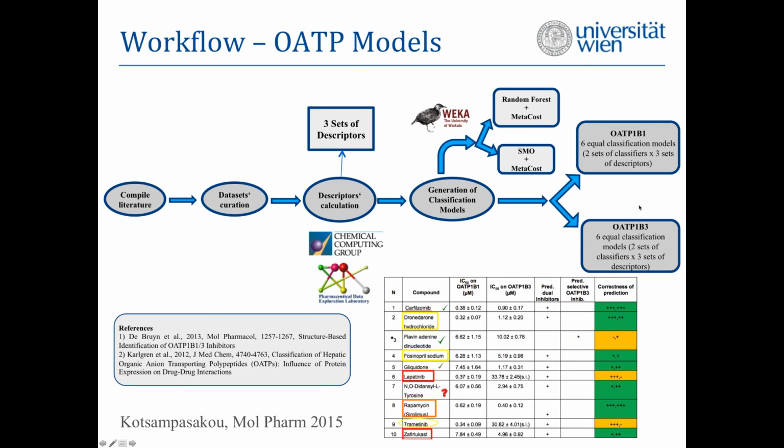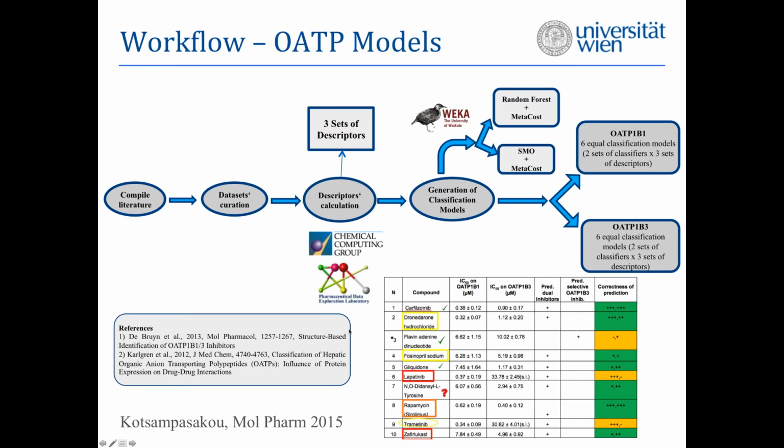How did we validate our models? We just screened DrugBank, identified compounds which are flagged as OATP1B1 and OATP1B3 inhibitors, but there was no indication in the literature for them, ordered them and tested them, and you see in 8 out of 10 cases we got quite a decent OATP inhibition activity.